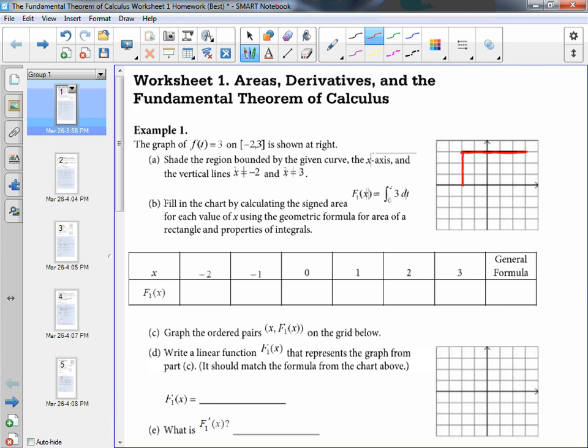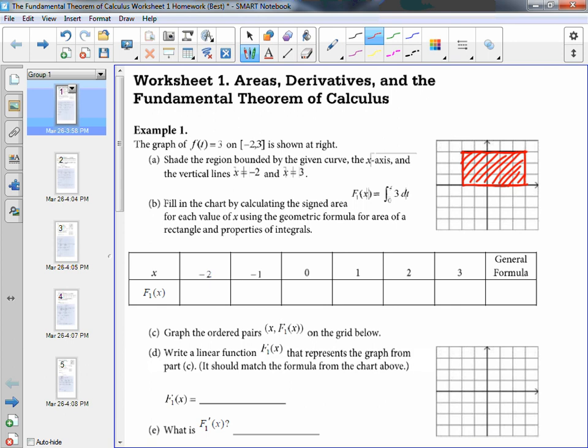So that would look like that. Then you'd shade it in. Fill in the chart by calculating the signed area for each value of x using the geometric formula for area of a rectangle and properties of integrals.